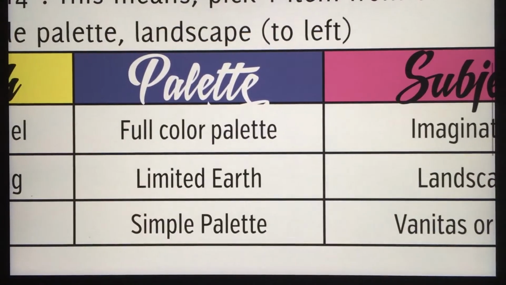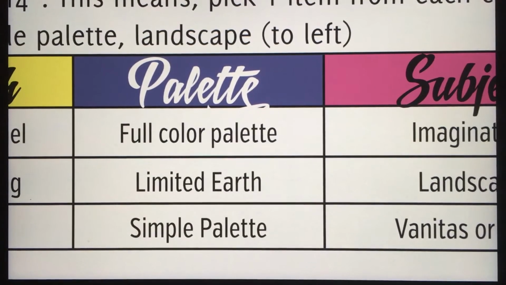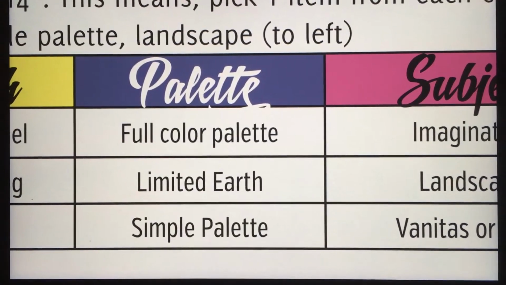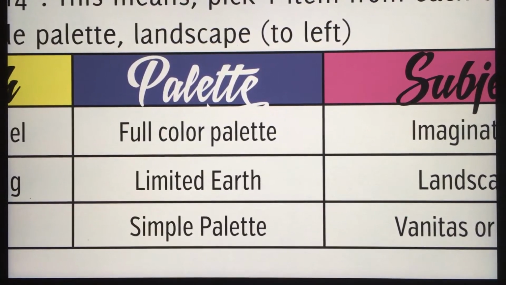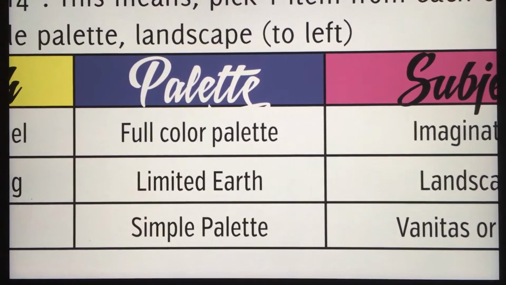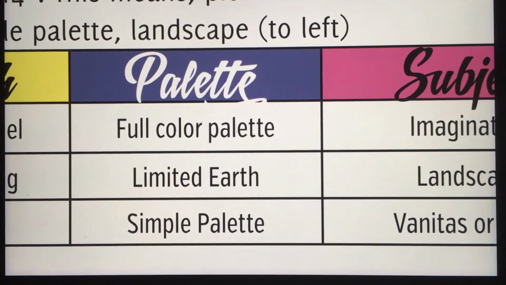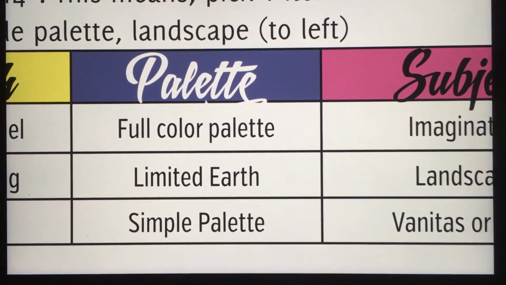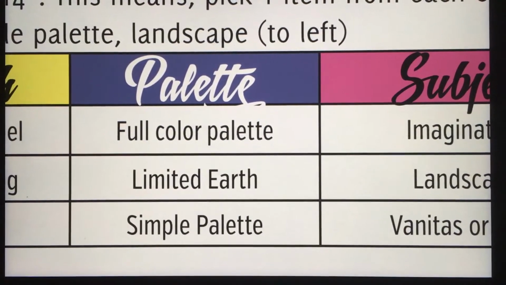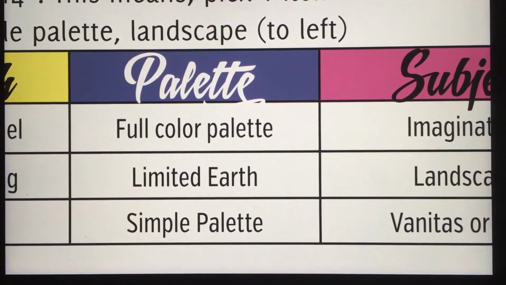Moving along over to the palette. So a full color palette would be just to go through and paint with your normal colors. At this point you can use all your colors. In an ideal world, we would have had one more project before this where you did have full color, but I think most of us were approaching that point, so it's going to be fine to just move to a full color palette.